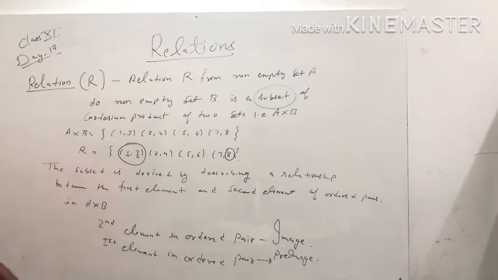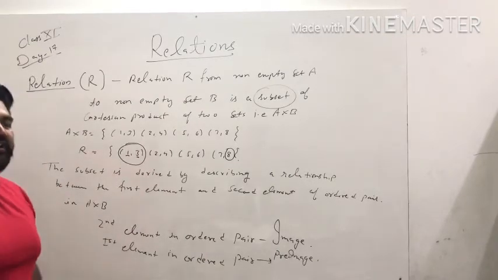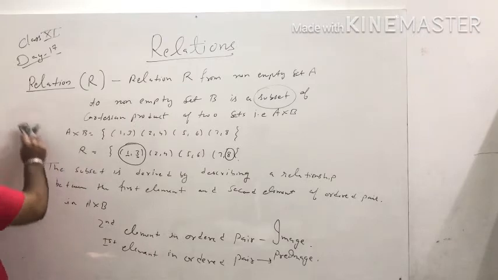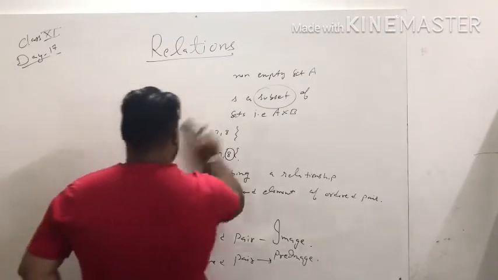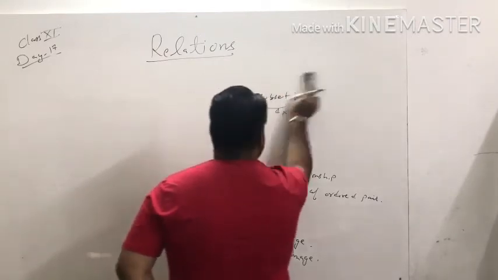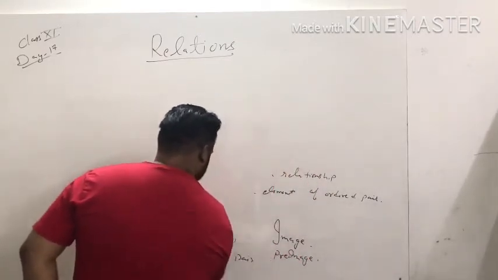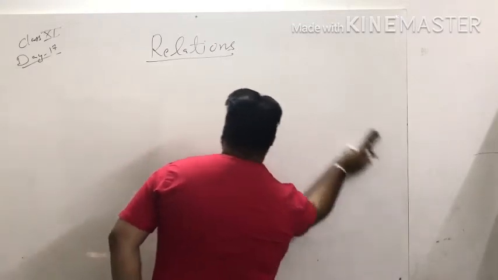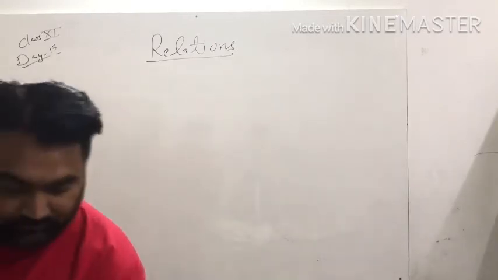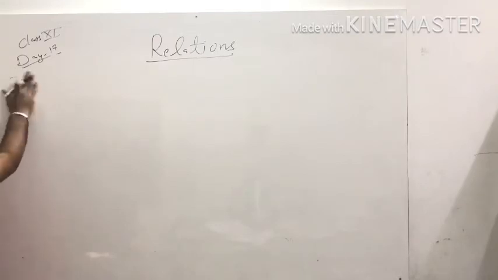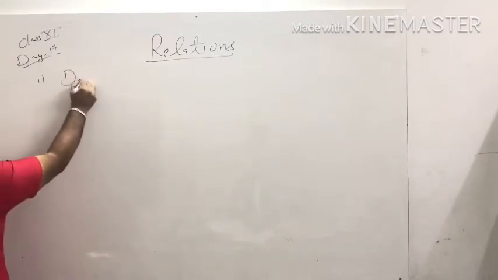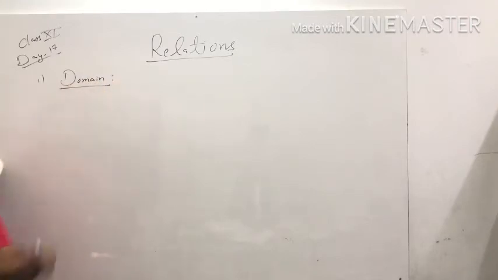Now we shift to the concept of domain, range and codomain. Domain. Now what is domain?